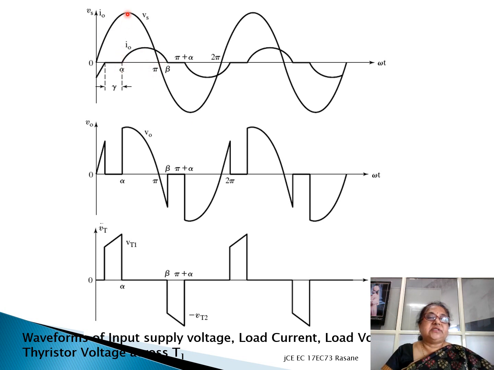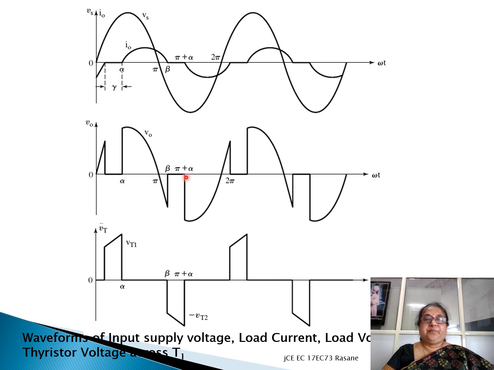It is from here till beta. It is going to be the same, and that will come at the output. So this is the output waveform, and from alpha to beta, who is going to carry the current?